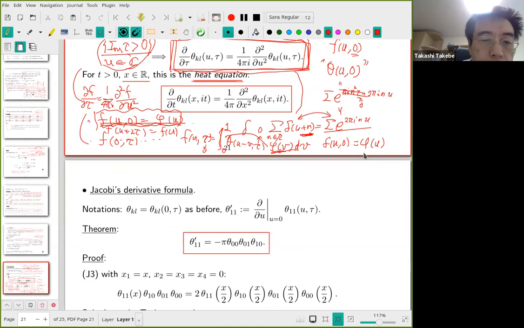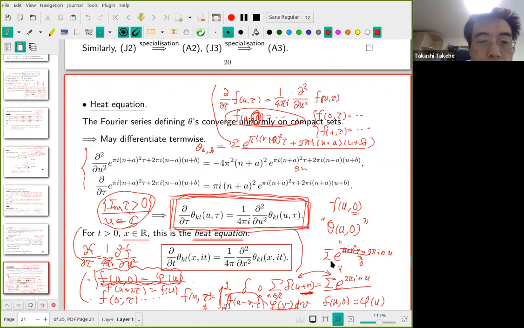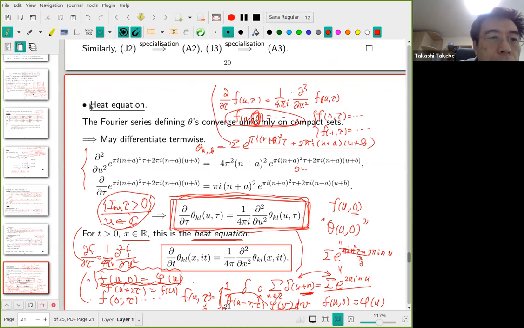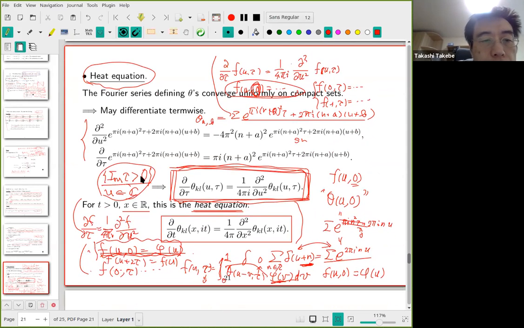And we want to show this Jacobi's derivative formula. And for that purpose, we proved the heat equation for theta functions last time. Well, it's very simple because this series defining theta functions converges absolutely and uniformly on some domain.